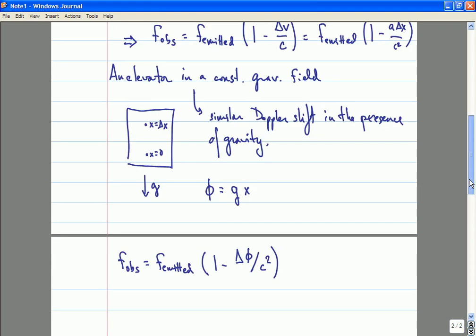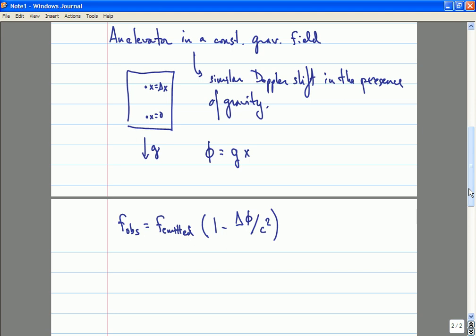And in particular, it's always important to remember the sign of the effect here.